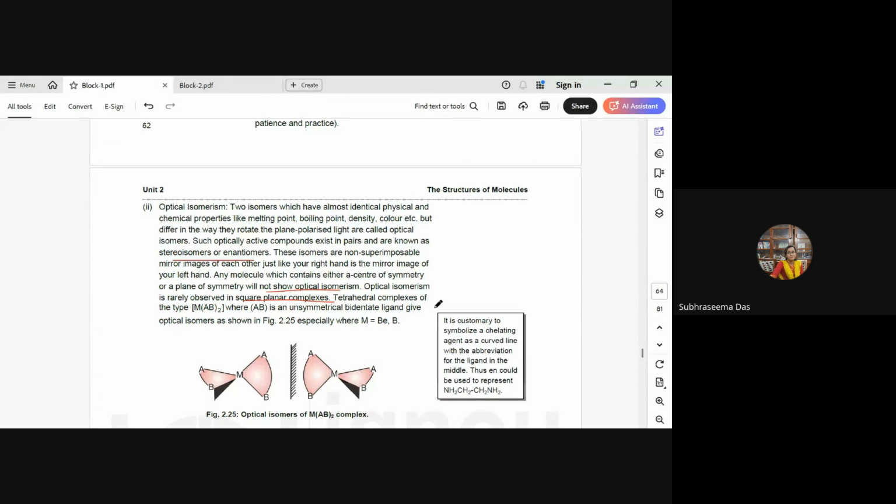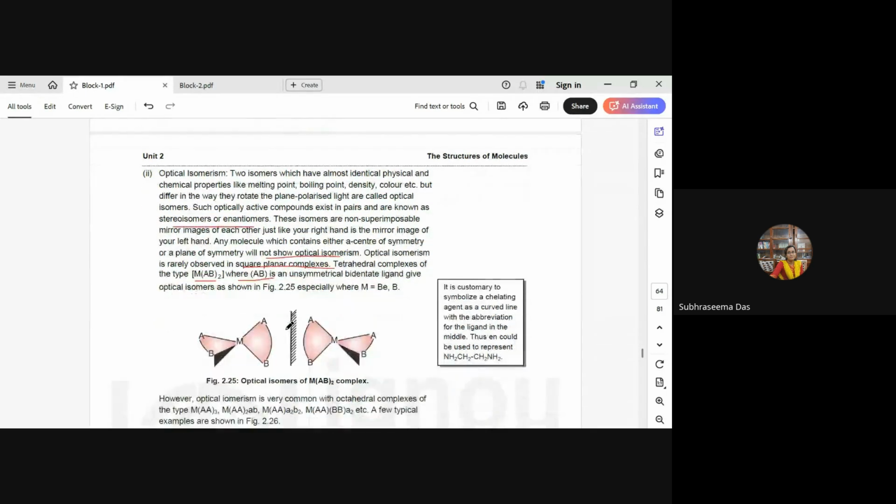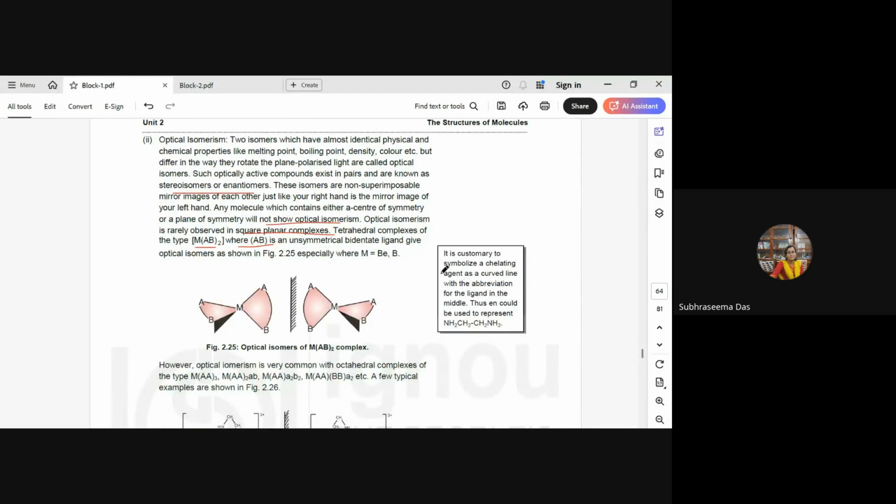Tetrahedral complexes of the type MAB2, where AB is a bidentate ligand, can give optical isomerism. Here on the left hand side, AB is a bidentate ligand. The metal M is placed in the center, and you can see the AB ligands are unsymmetrical in nature.